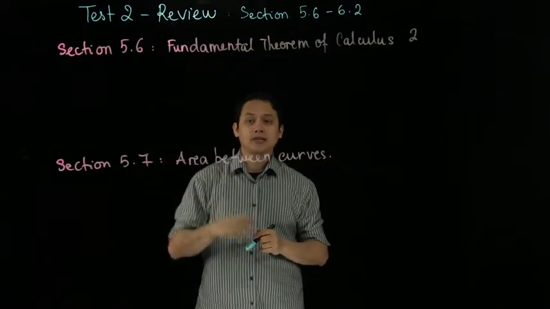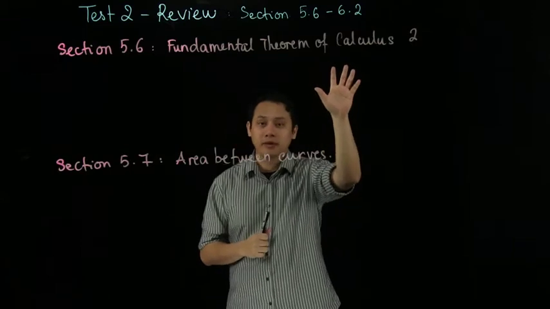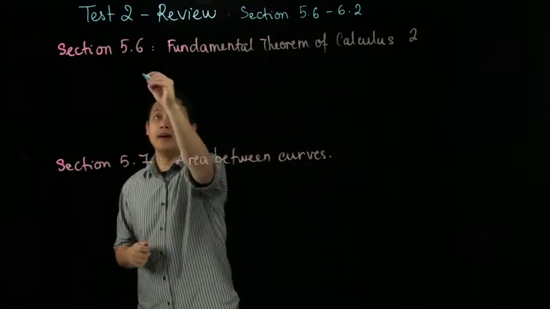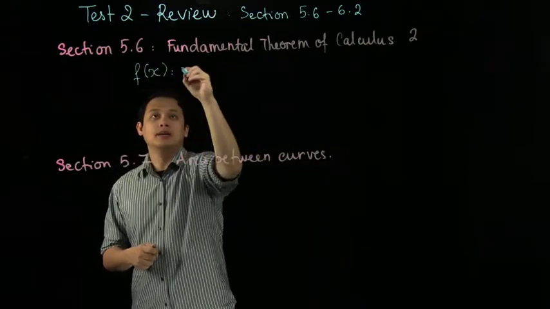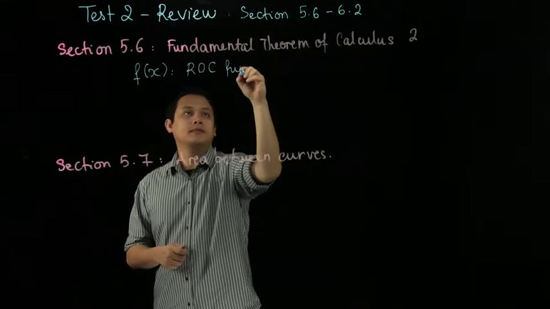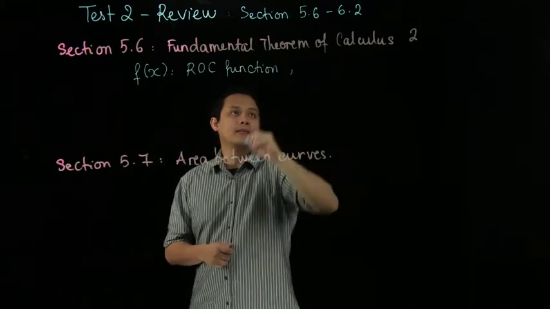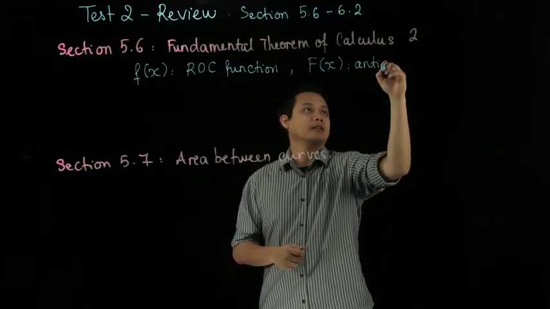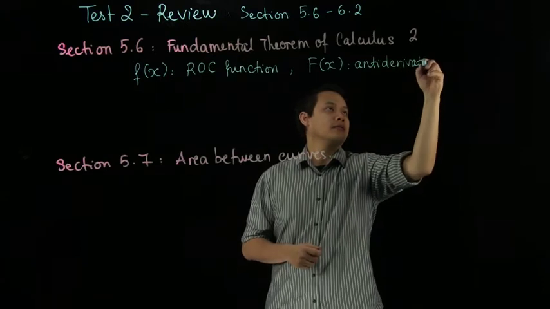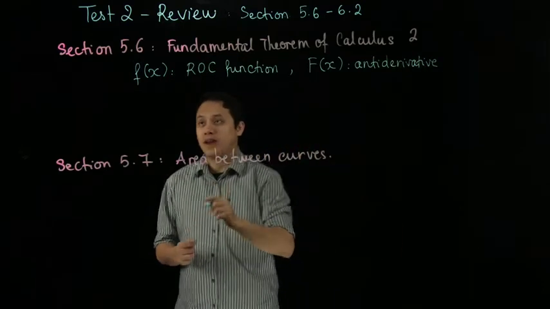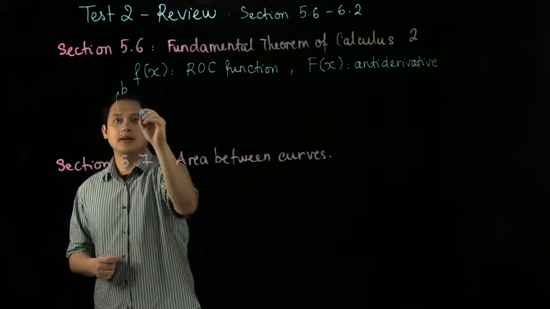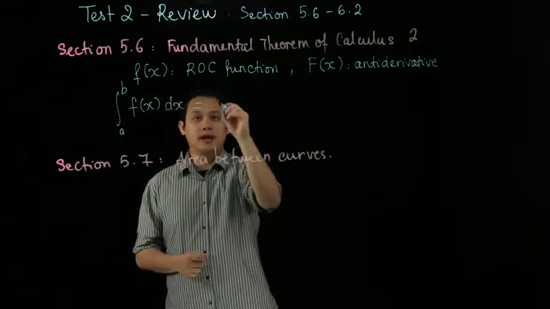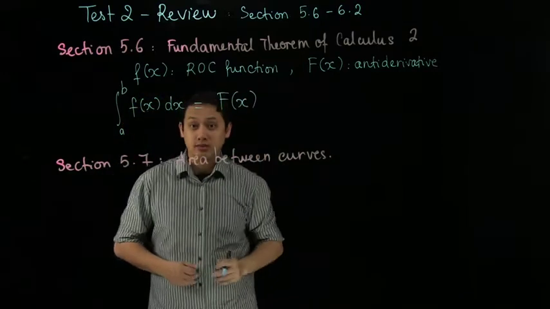So in section 5.6, we study about the fundamental theorem of calculus part 2. In this section, we learned that if you have f of x to be a rate of change function, and capital F of x is the antiderivative function, then you have the definite integral from a to b of f of x dx is equal to capital F of x, which is the antiderivative, right?